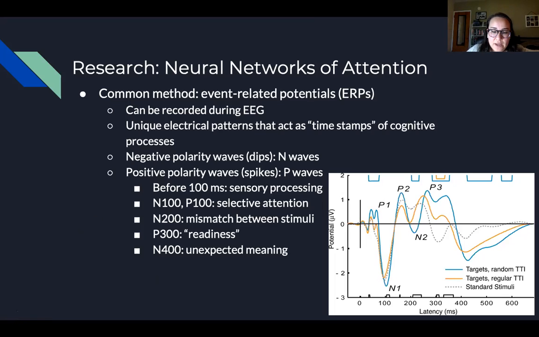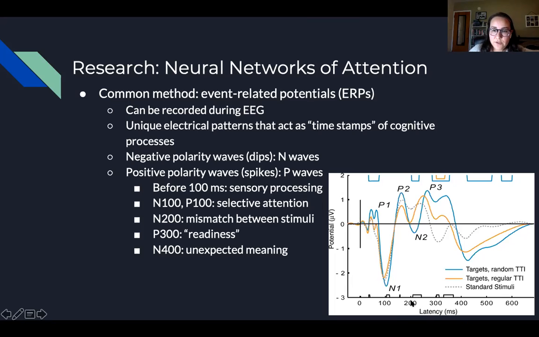These waves have been associated with selective attention, instances in which you are having to shift your attention to a particular stimulus in the midst of other stimuli. This is when that's taking place, and these are the kinds of brain patterns that are happening during that time.